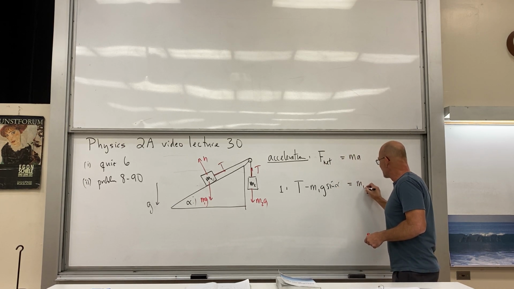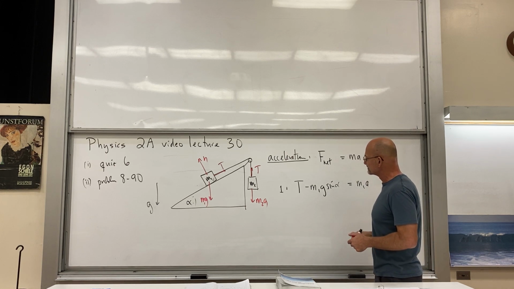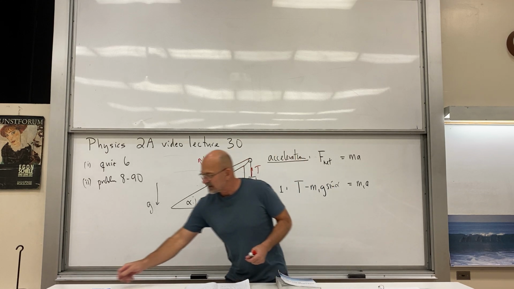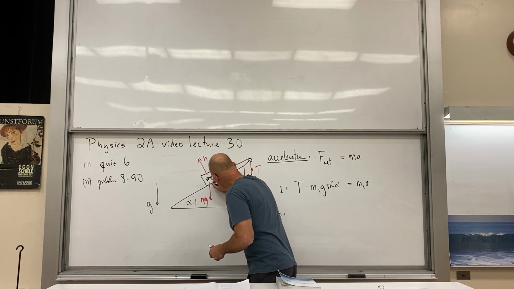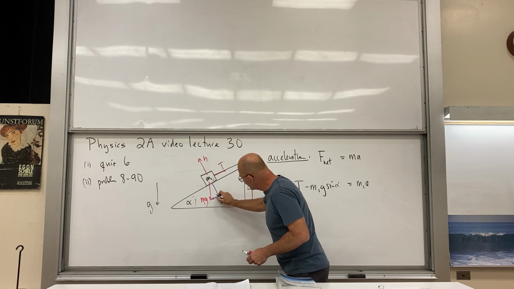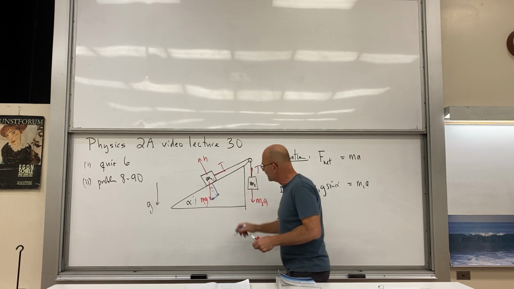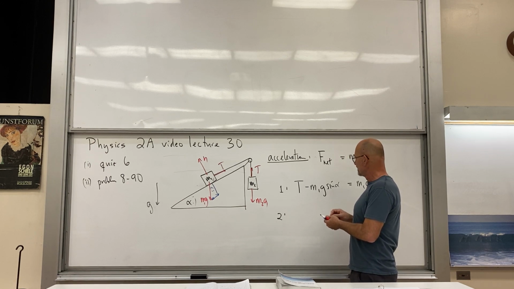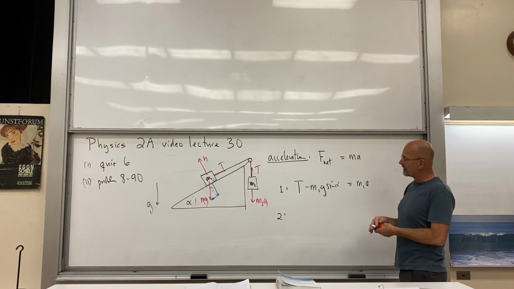Is equal to M1 times A. That's because we have the decomposition of this force, and this downhill one, that's the M1G sine alpha, pointing back. So good, that's for mass number 1.